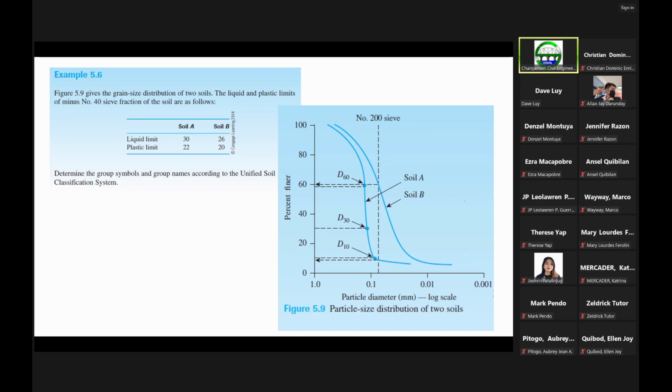You're also given the liquid limit and the plastic limit. Let's just focus first on soil A. Here we have the grain size distribution curve with the corresponding values for the D10, D30, and D60.